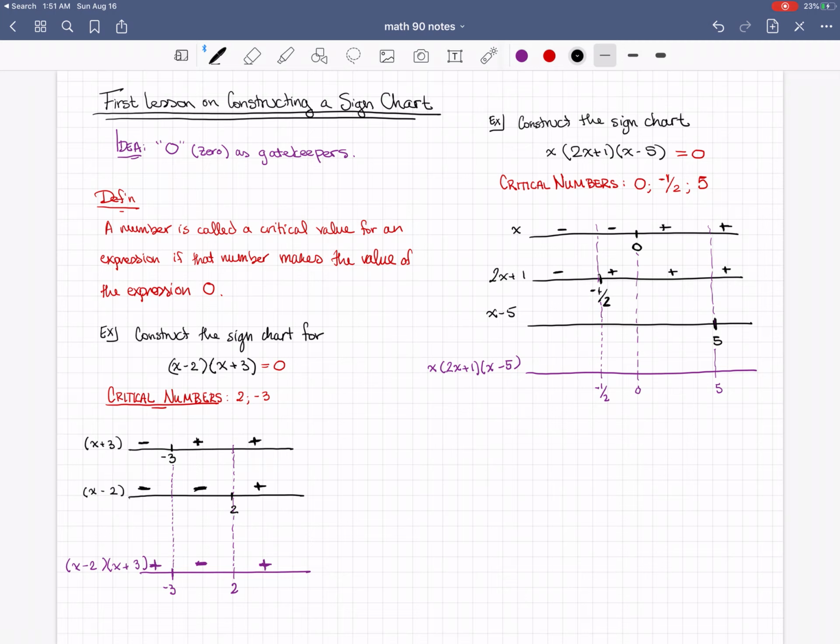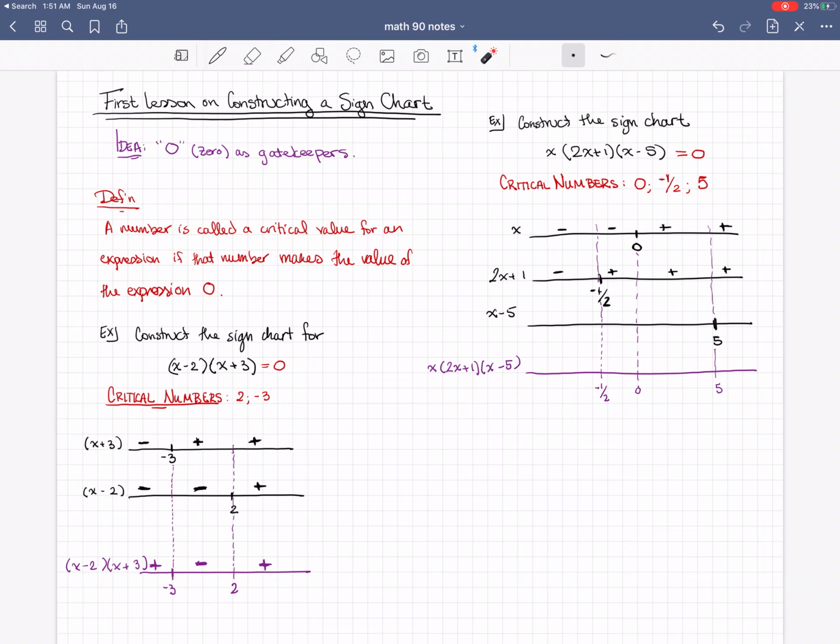I don't want you to get too comfortable with this. It's very easy to see this pattern and to think, oh, it's always going to be this way, that the value's positive to the right and negative to the left. That is a good pattern to notice because it is true a lot of the time, but it's not true all of the time, and I'll make sure to show you at least a couple examples where it doesn't hold.